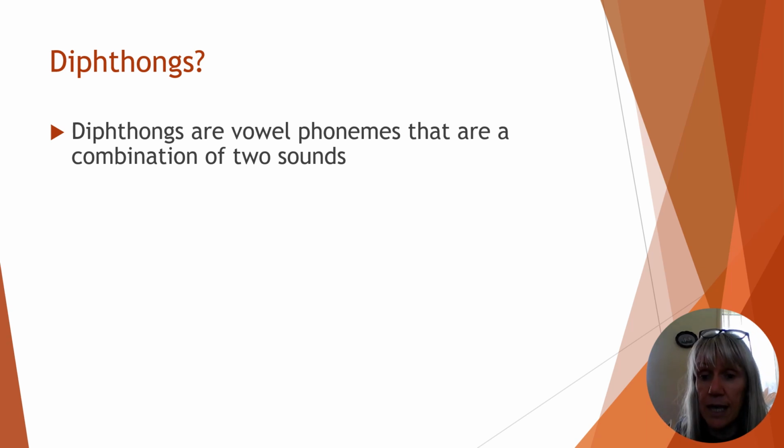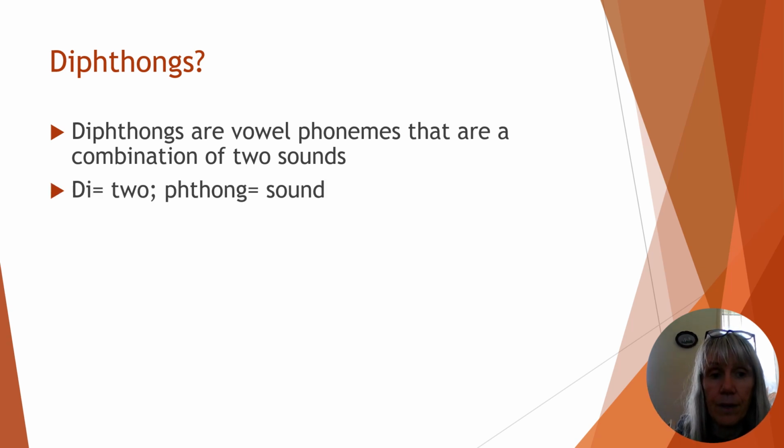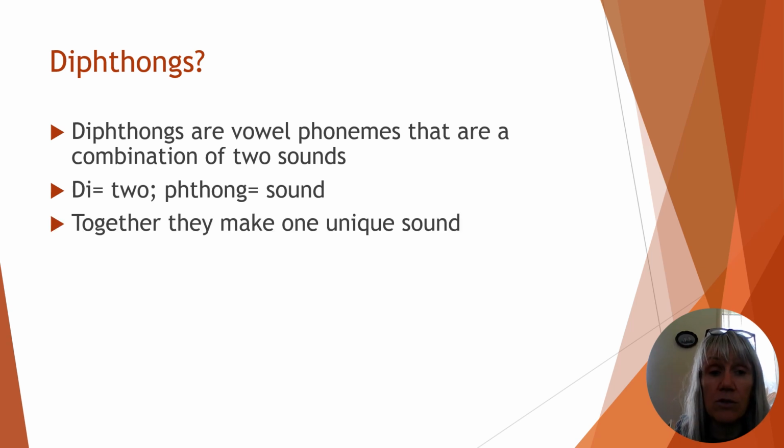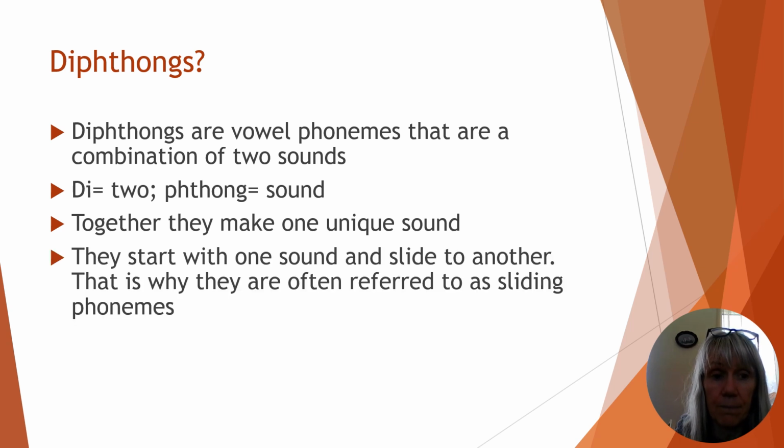Mono was one sound. Diphthongs are two sounds. Di means two. Thong means sound. So a diphthong is a combination of two sounds that make one unique sound when we bring them together.